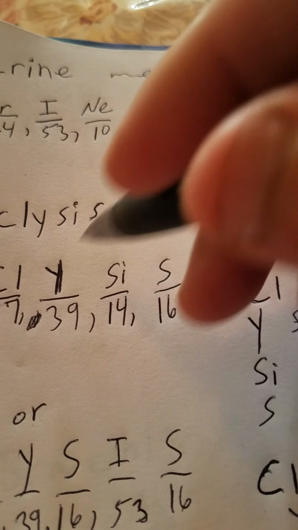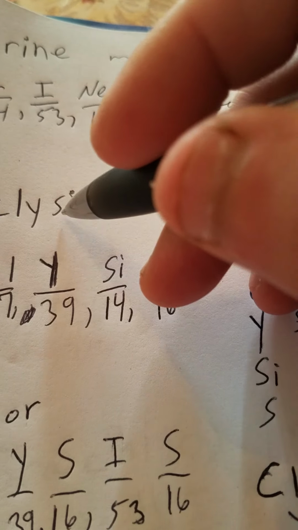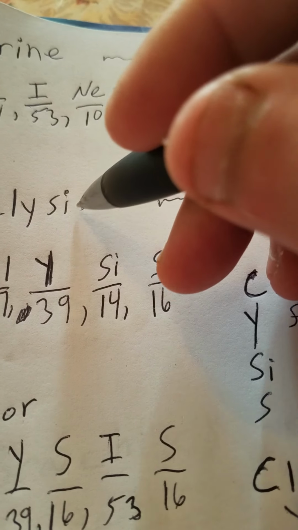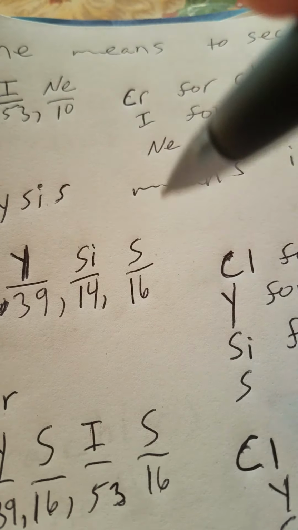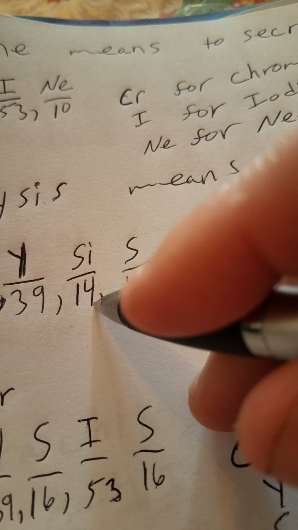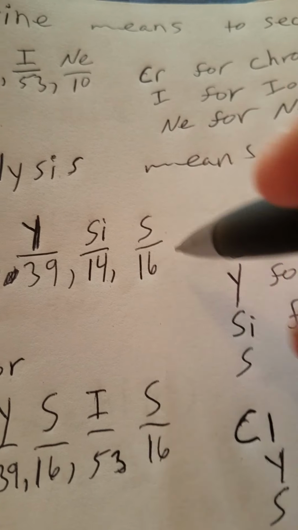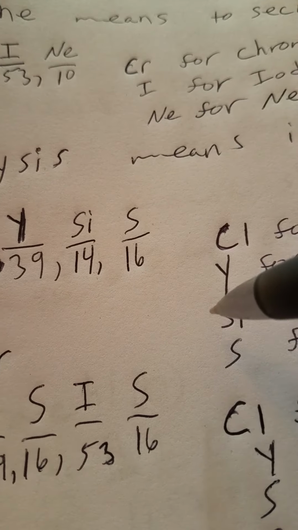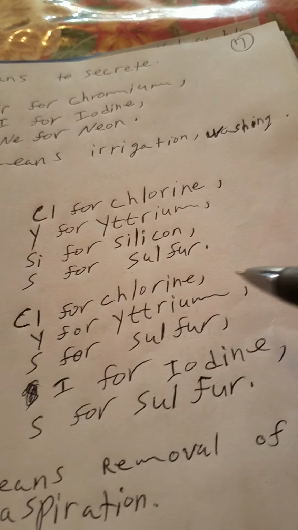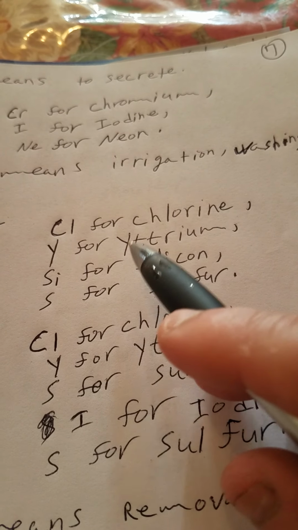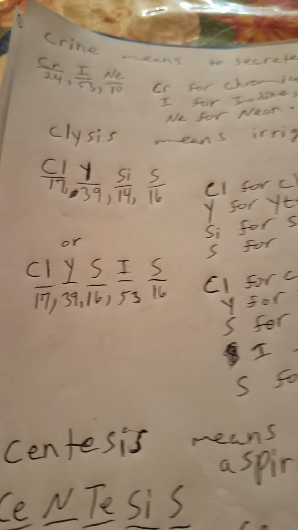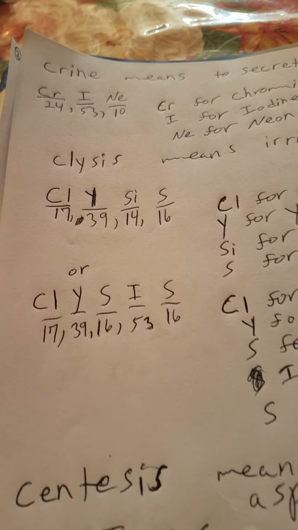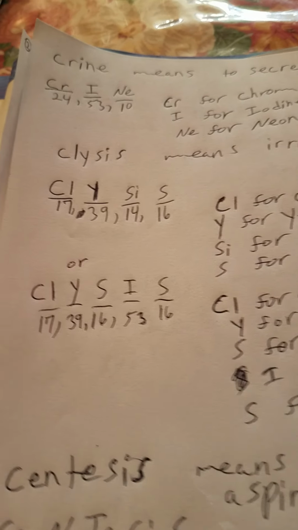And I took a capital S and a small i and made it into a capital S, and I got 14 atomic number for silicon. I took the S here and put a 16 atomic number for sulfur. Yttrium is spelled Y-T-T-R-I-U-M. In the description box below I will rename these things.